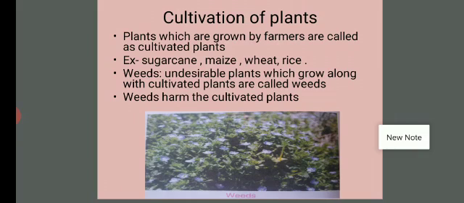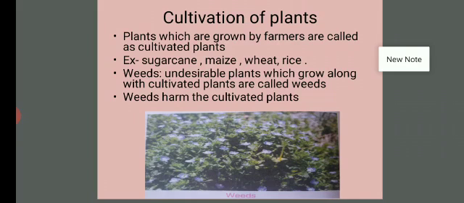But along with these cultivated plants, some unwanted plants also grow beside them. These are called weeds. So the undesirable plants which grow along with the cultivated plant are called weeds. Weeds are harmful to the cultivated plant.